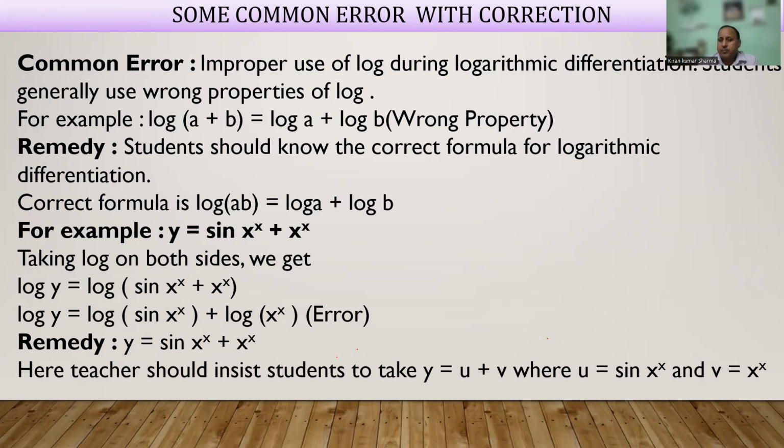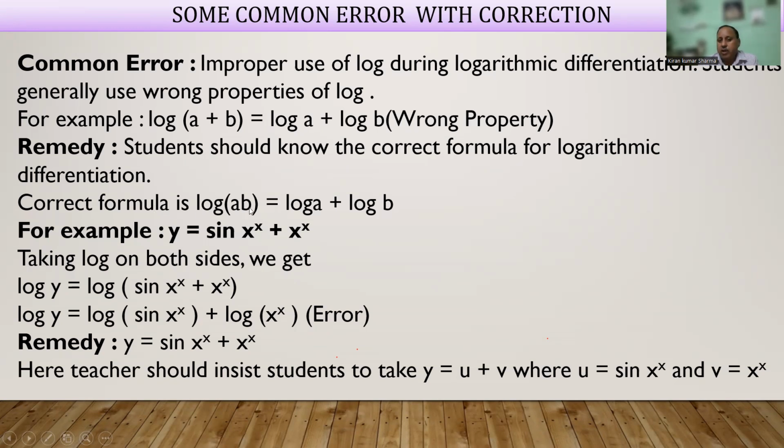One more problem I have taken from derivatives. This one is the common error, improper use of log during logarithmic differentiation. Students generally use the formula log of a plus b is log a plus log b, which is the wrong property. Students should know the correct formula for logarithmic differentiation.